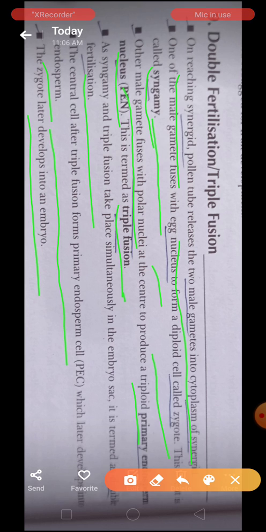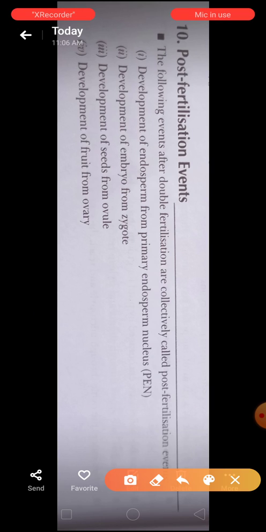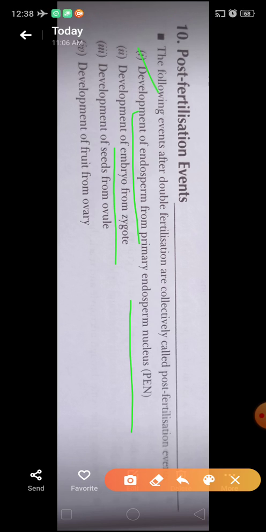Okay, clear? Any confusion? After fertilization, the post-fertilization events occur, in which the endosperm is formed from the primary endosperm nucleus, and the zygote develops into the embryo.